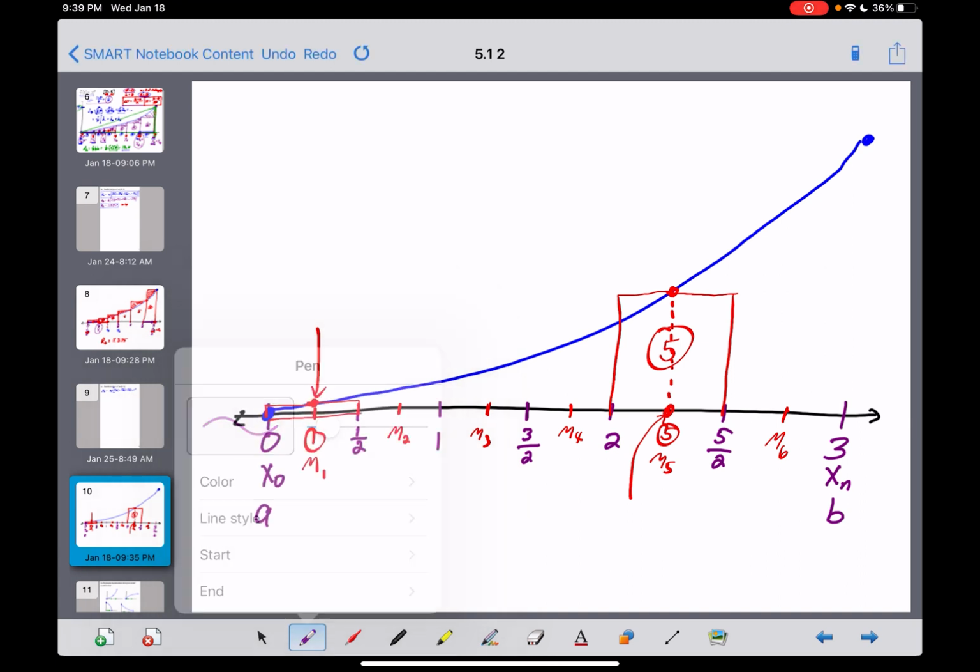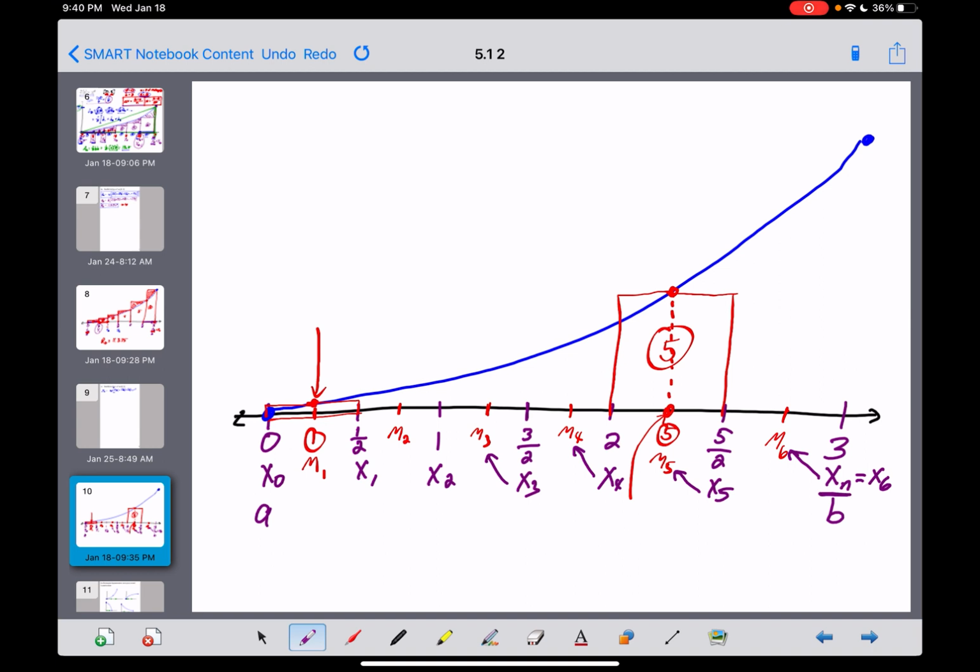Those x values are what we called x1, this was x2, x3, x4, and x5. And what I want you to notice is M5 is the value right before x5. M4 is the value before x4, so on and so forth. So this one right here in this example was x6, and M6 was before that.